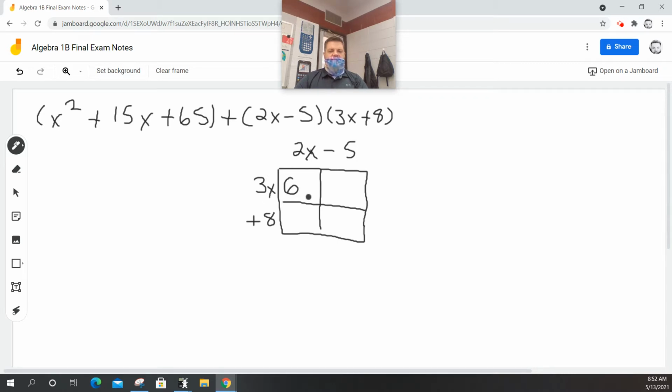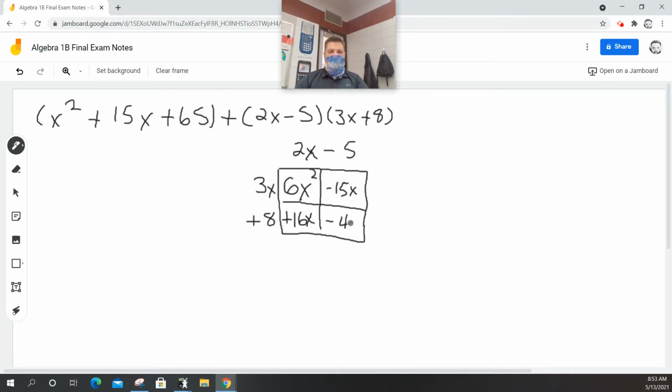What's x times x? X squared. What's negative 5 times 3x? Yep, negative 15x, good. What's 2x times positive 8? Well, not plus, you're multiplying. What's 2 times 8? Positive 16, right? And then you tack on the x. What's negative 5 times positive 8?